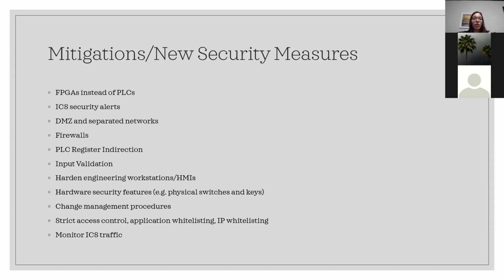And then just going back to mitigations and security measures, you can do PLC register indirection. So basically what this means is if someone were to try and write to a register, it wouldn't write directly to that register. It would kind of redirect.